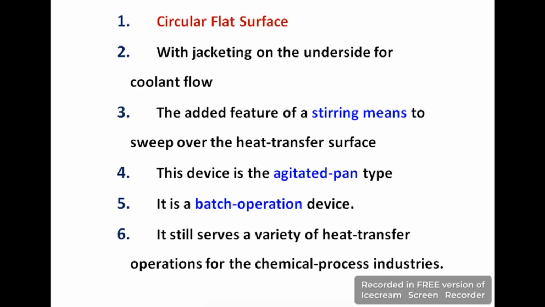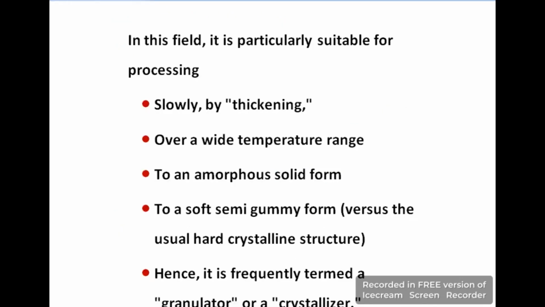Some other features are also included in this type of heat exchanger, like agitation. It is an agitated type pan, so it is also used in batch operations and largely used in different applications in chemical process industries. These types of heat exchangers are used for slowly thickening materials and also for wide temperature ranges.